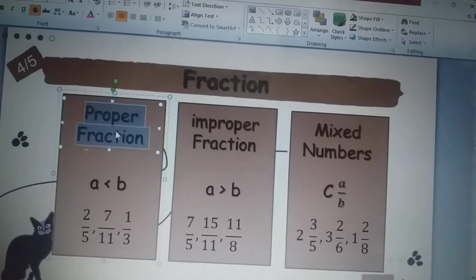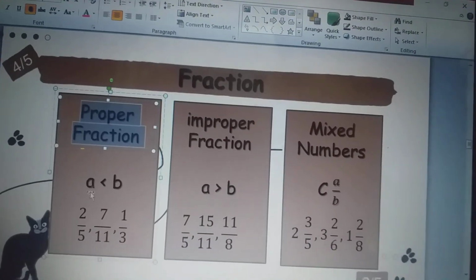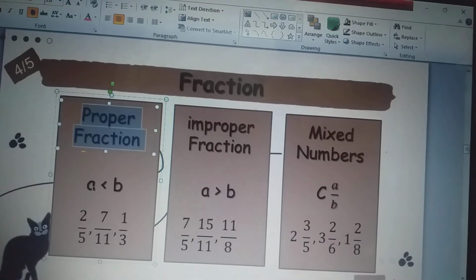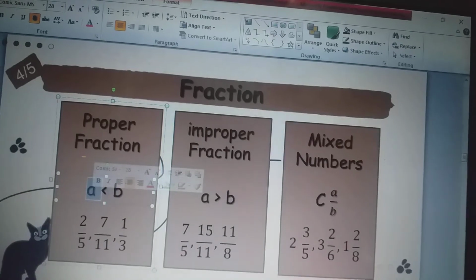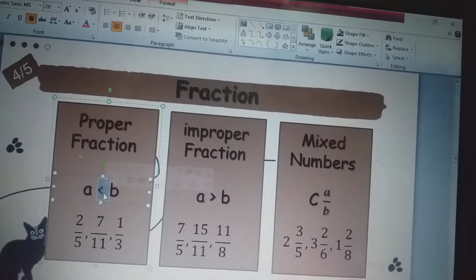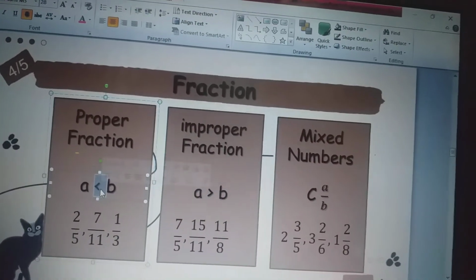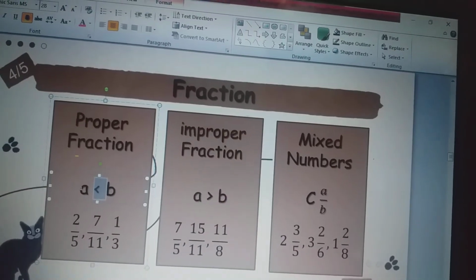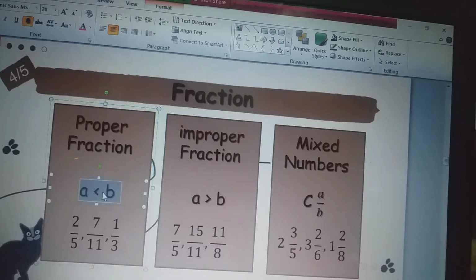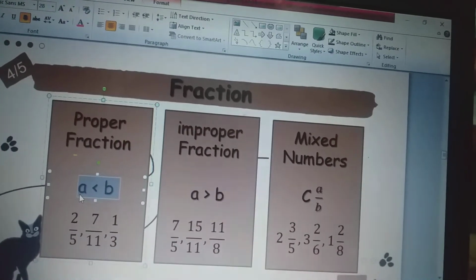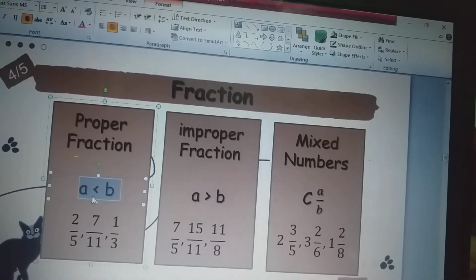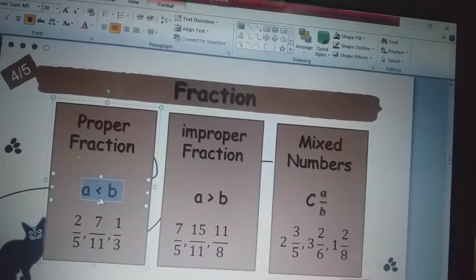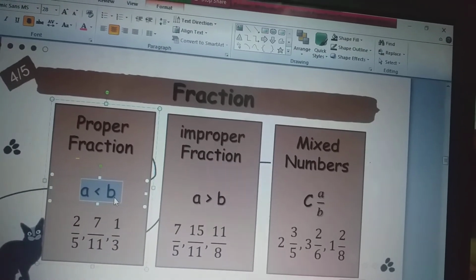So pag sinabing proper fraction po, it is denoted by A is this one, the symbol, it represents less than. So again, A is less than B. So, ibig sabihin, si A ay mas maliit kay B. Or A is smaller than B.